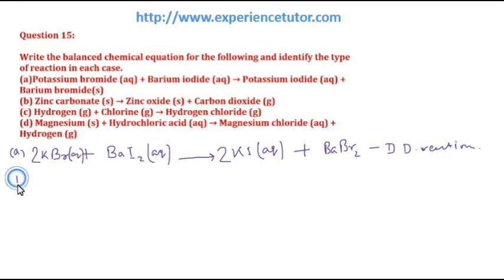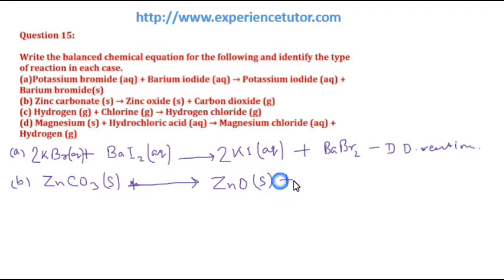The second equation. Zinc carbonate can be written as ZnCO3. This is solid, which gives zinc oxide, solid, plus carbon dioxide, which is gas.